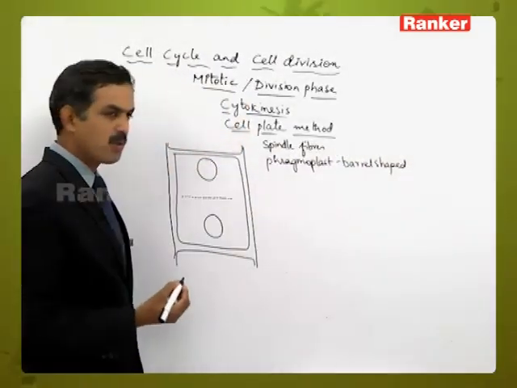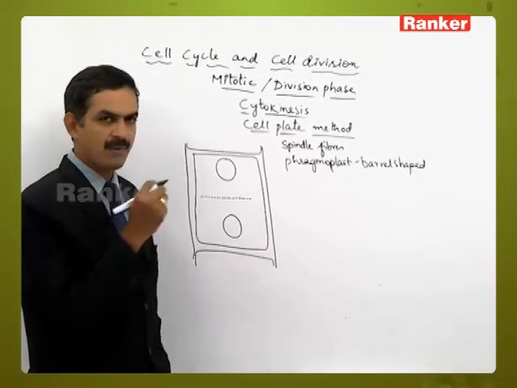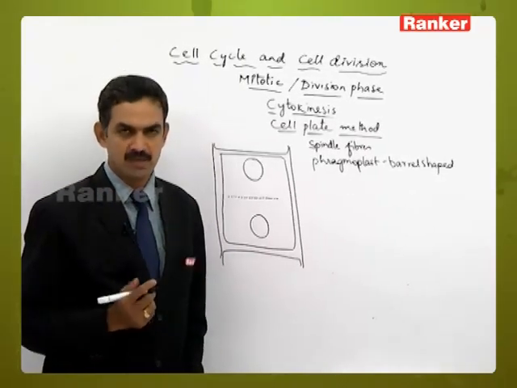Since the phragmoplast has fiber-like structures, some small gaps are left between them.